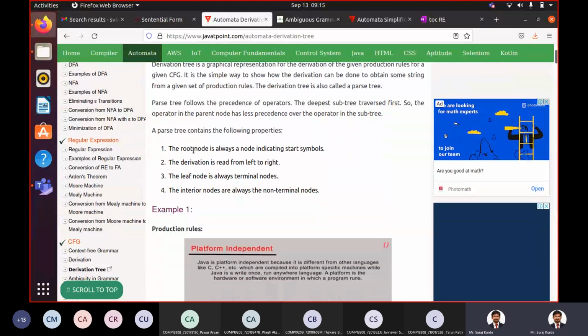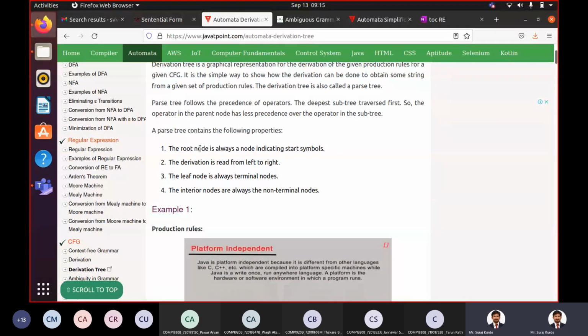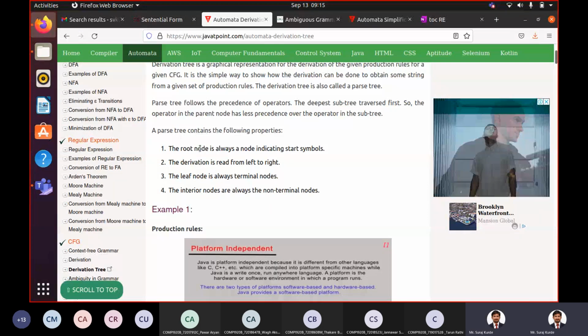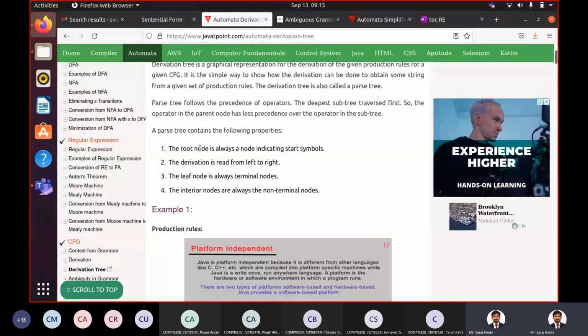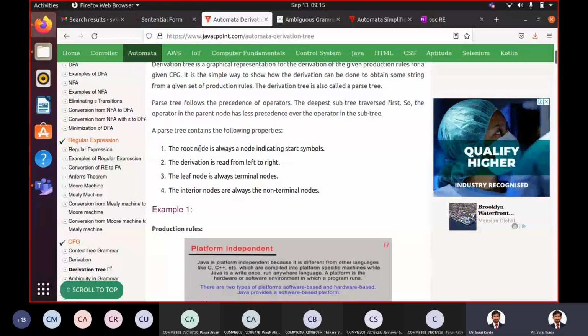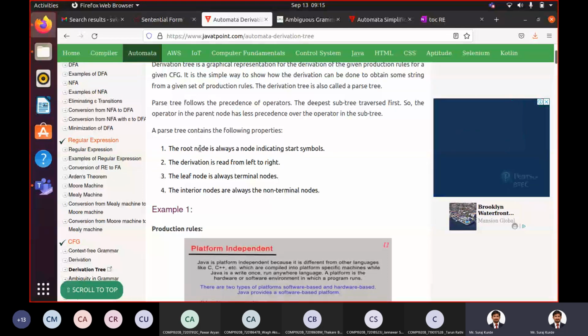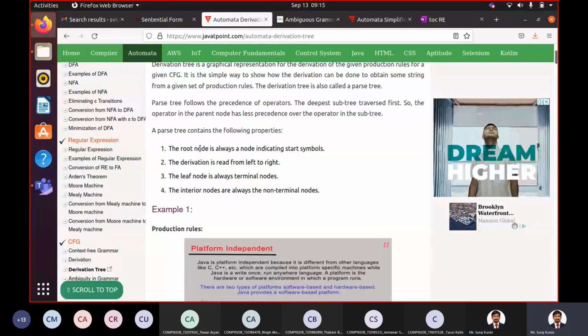Properties of a parse tree. The root node is always the node indicating the start symbol. So we always start with the start symbol, and that start symbol is the root of the tree. In a subtree of the parse tree, whatever root node is there is the starting symbol for that particular subtree. Derivation is read from left to right.